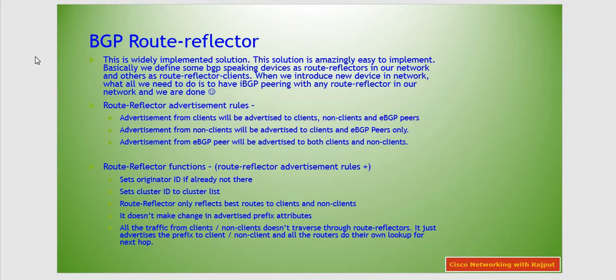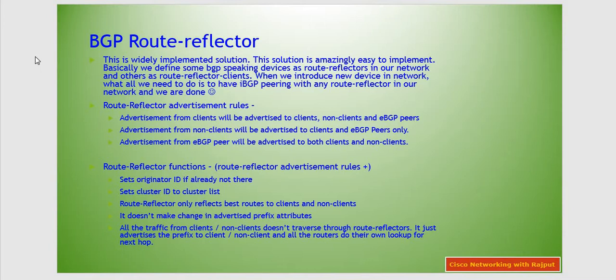From a network connectivity point of view, we can have three types of connectivity with our route reflector device. One, route reflector clients. Two, route reflector non-clients. And third, eBGP peers. Accordingly, we have some rules which are followed while advertising or relaying information from one BGP peer to another.